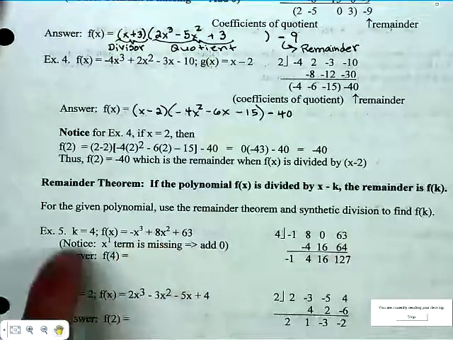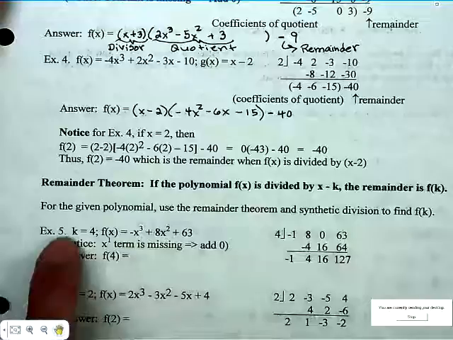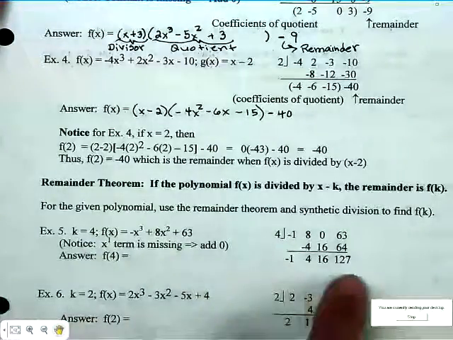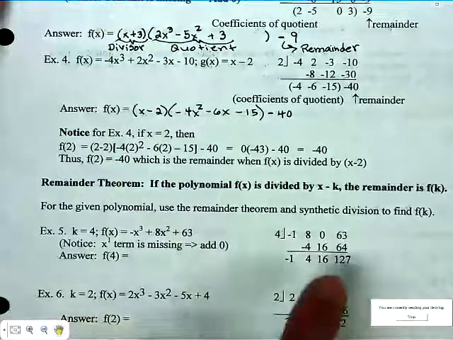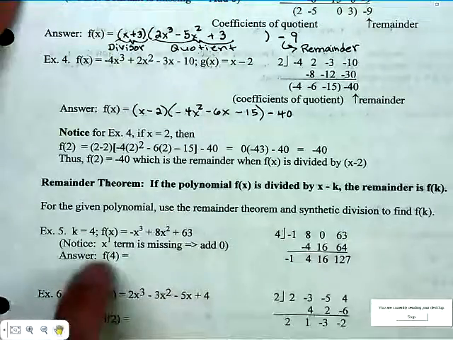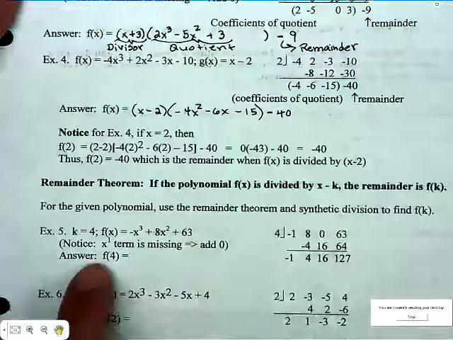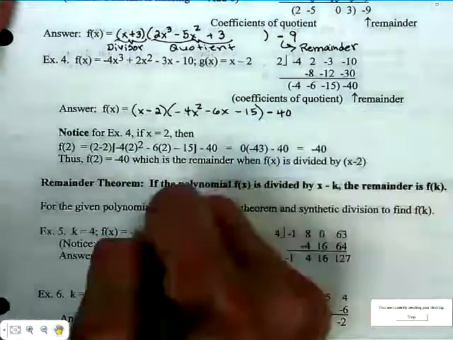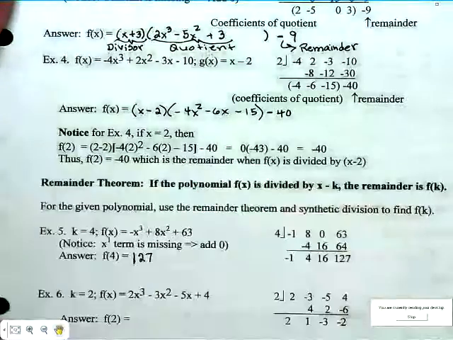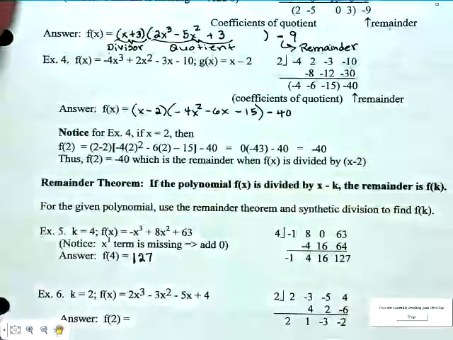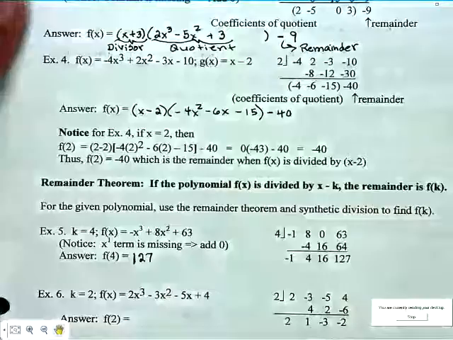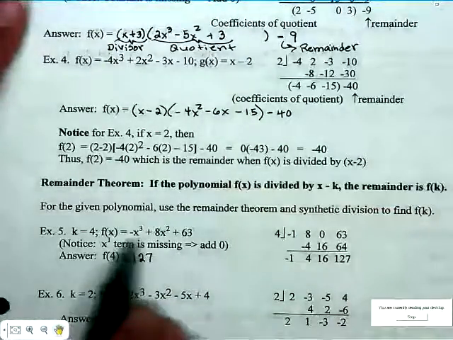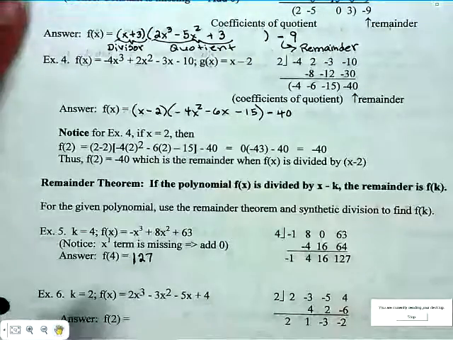However, if you tell me to use synthetic division, I'll put 4 in the box, I'll do the synthetic division, and then because of the remainder theorem, I know that f of 4 would just be what? The remainder, 127. That's what the remainder theorem is saying. And if you don't believe the remainder theorem, you put 4 into this original function and punch it on the calculator, you will get 127.